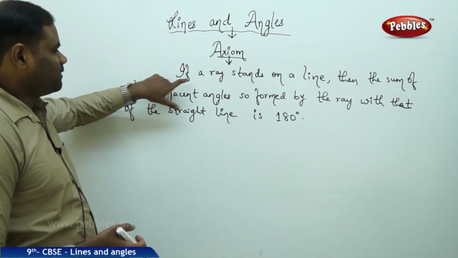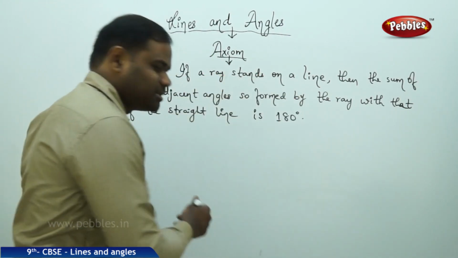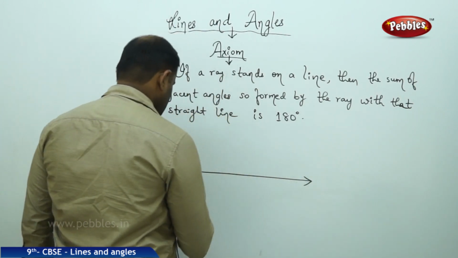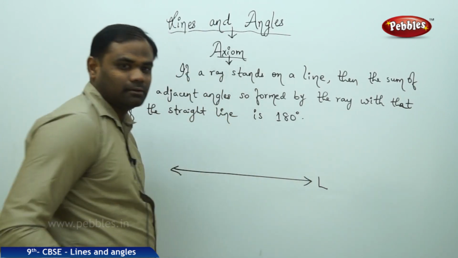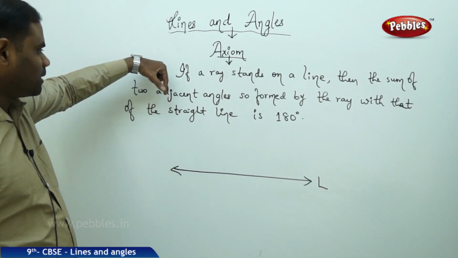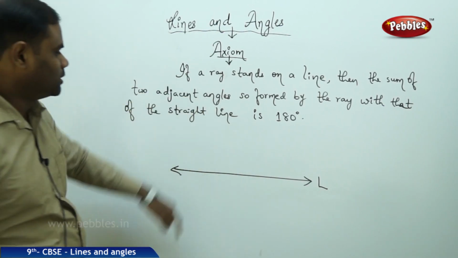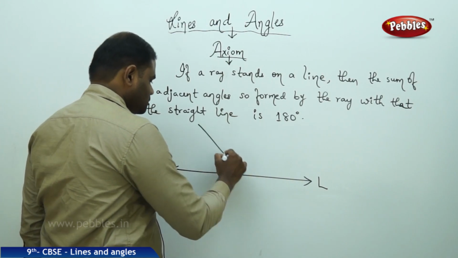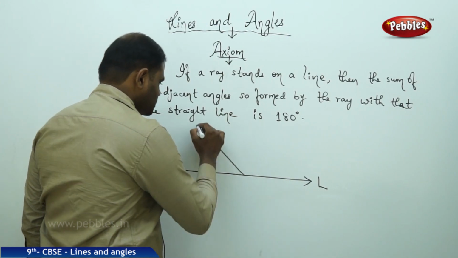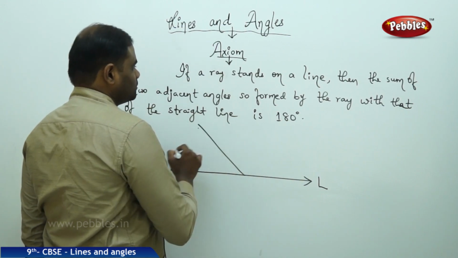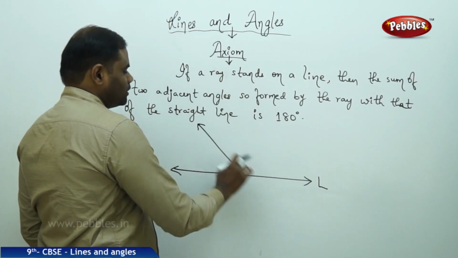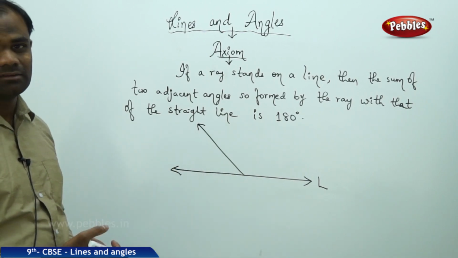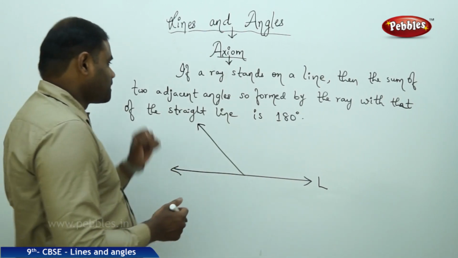So here it says, if a ray stands on a line, so let me take a straight line. Here is the straight line, say L. And imagine I project a light through the torch on this. So a ray of light is made to hit here. If a ray stands on a line L, this is how it stands, at any angle irrespective of 90 degrees.